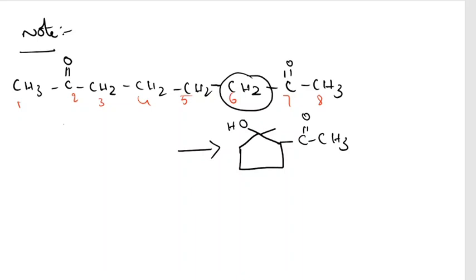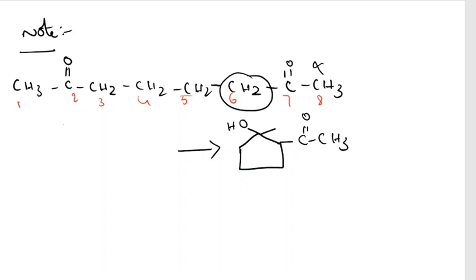In the last example we took the outer alpha carbon, but whenever there are 2,7 and 2,8 diketones, the alpha hydrogen which is inside the two ketones will be eliminated in the first step itself. That's why again we are going to get a 5-membered ring here. So please note this point, okay?